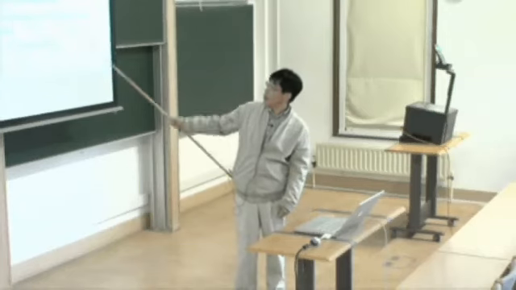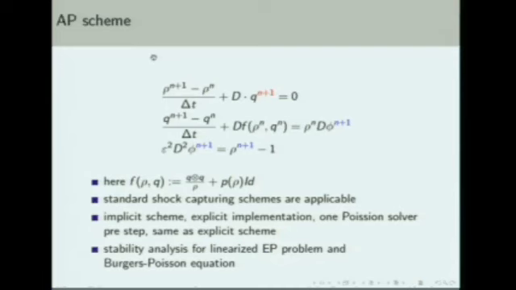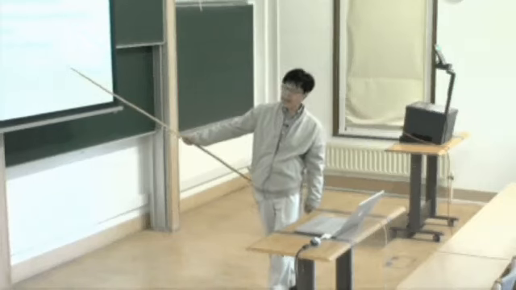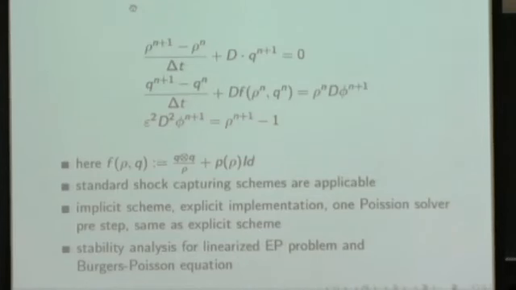If we would like to do a more careful calculation, we do this upwind scheme and this implicit scheme. But I want to expand the explicit realization: only one Poisson equation per time step. It's quite efficient. It's almost as efficient as an explicit scheme. It's the best I can hope for.